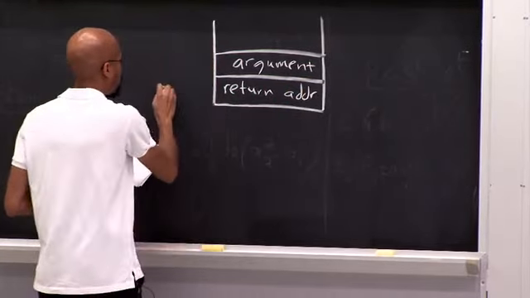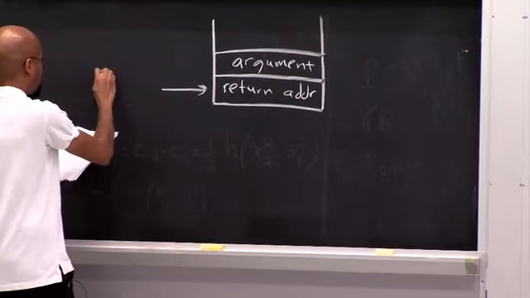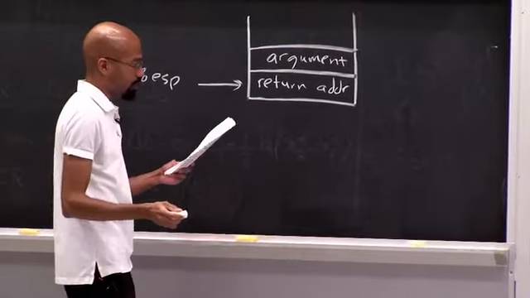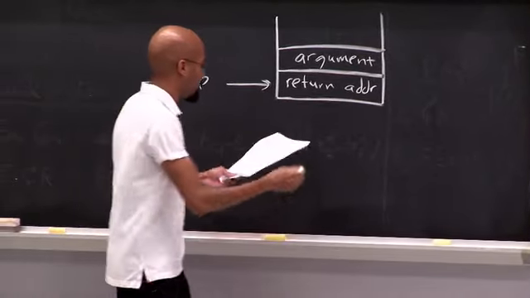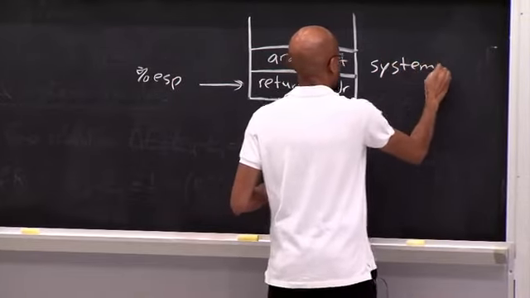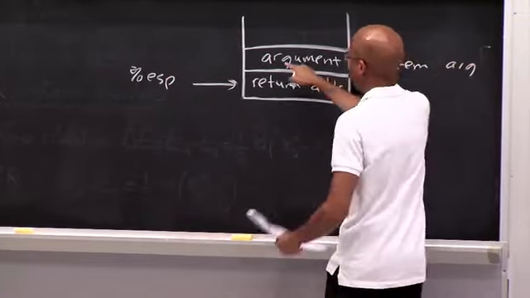Right, so basically we're going to fake what system would expect to be on the stack, right before it actually executes its code. So up here we have the argument to system.